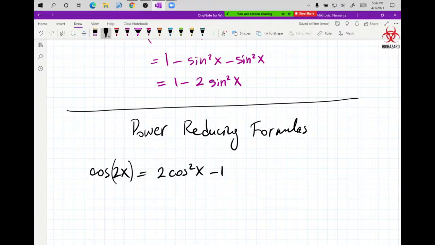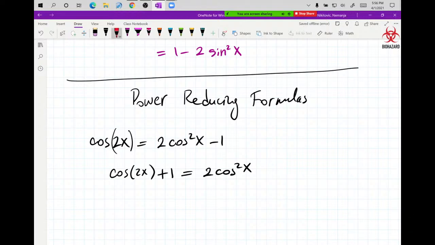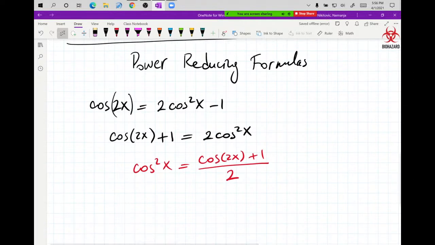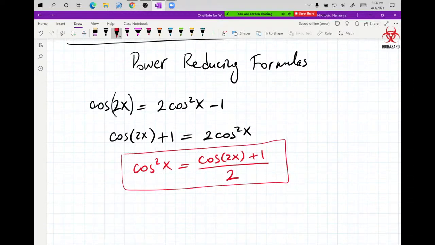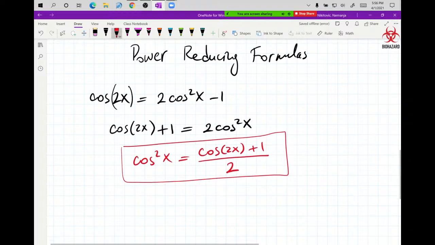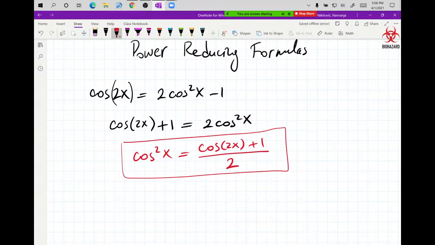So what do you need to do? You have cosine 2x plus 1 equals 2 cosine squared x, and from there you get cosine squared x equals cosine 2x plus 1 over 2. And that is your first power reducing formula. You can see that the cosine squared is reduced down to the single cosine.